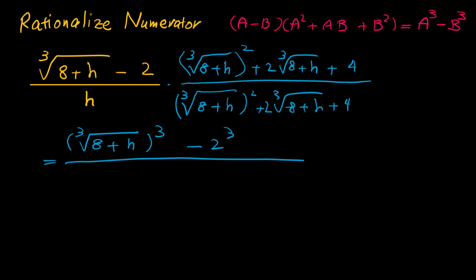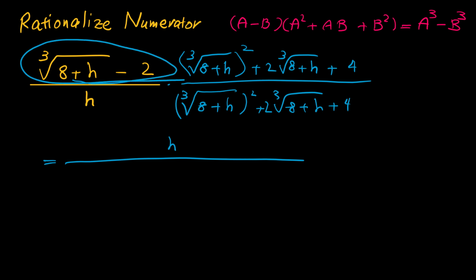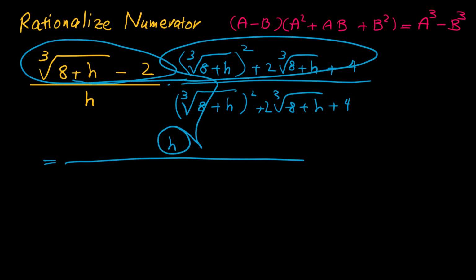Cube root of 8 plus h to the 3: the power 3 and the cube root cancel, and we have 8 plus h. 2 to the 3 is 8 also, so minus 8. 8 with 8 cancels. So numerator is only h at the end.